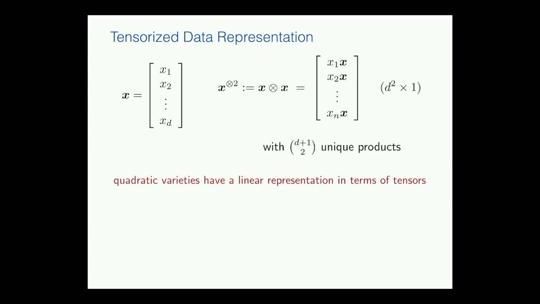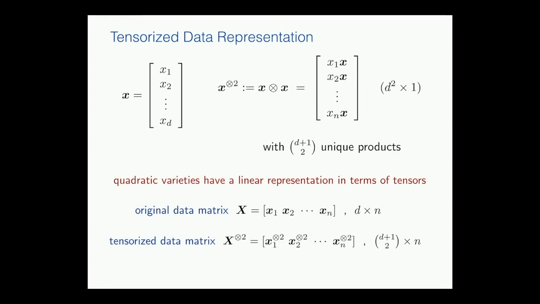Quadratic varieties have these linear representations. I'll talk about the original data matrix, where each column is one of my original data points. And I'll call this the tensorized data matrix, where I'm not taking the tensor product of the data matrix with itself, but just each column with itself. So this is the tensorization of column 1, tensorization of column 2, and so on. It has the same number of columns, just instead of d rows, it has d plus 1 choose 2 rows.